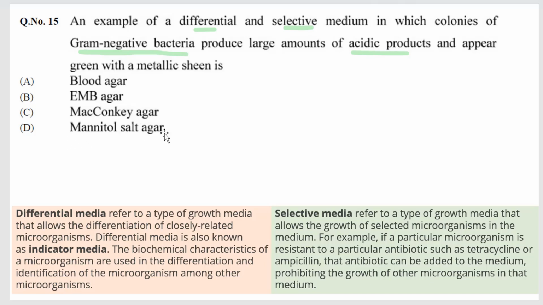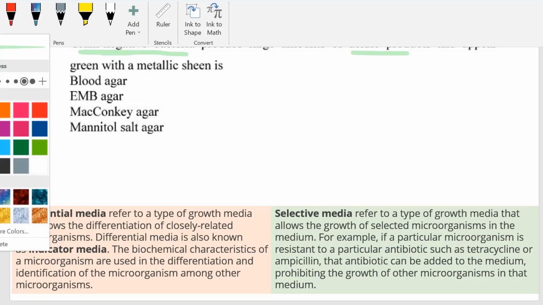Not mannitol, because it supports only gram-positive bacteria. And in blood agar, the colonies appear white if they can lyse red blood cells. So the correct option is option B, EMB agar, or eosin methylene blue.